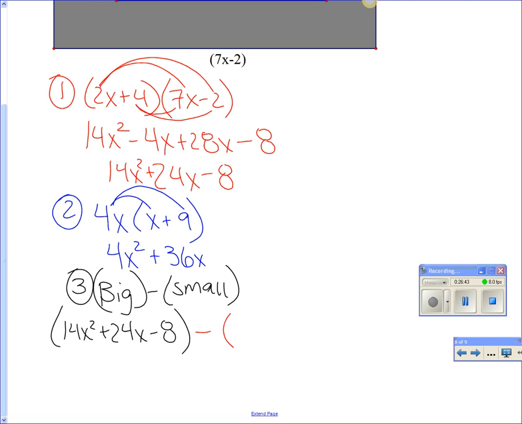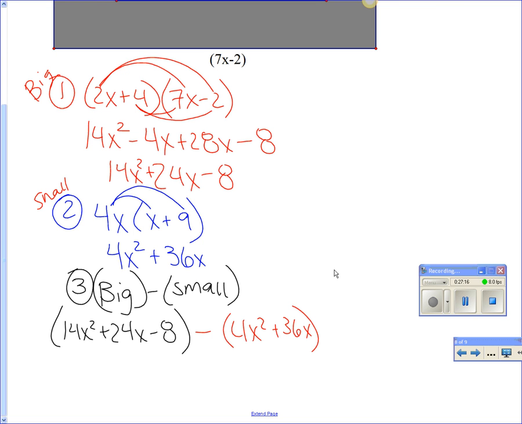Okay, minus, then another parenthesis. Tamara, what goes in the parentheses for the small box? So this was the big one. There you go. 4x squared plus 36x.